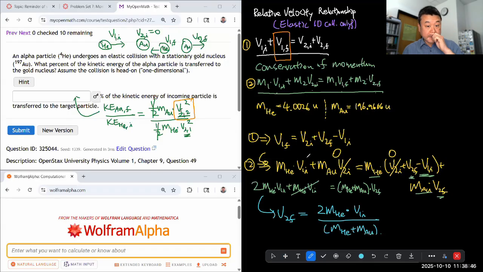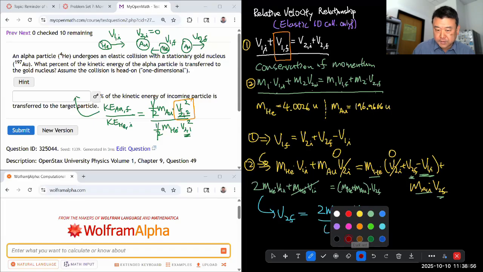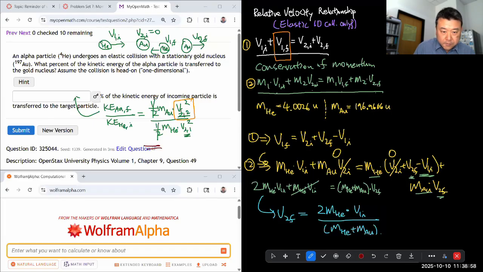Oh, so I think let me do that substitution here. The writing's gonna be a little bit in the way, but I'll just do it, suffer through. So saying equals 1/2 canceled out. I have the ratio of the masses of gold over helium, and let me square them as I go.